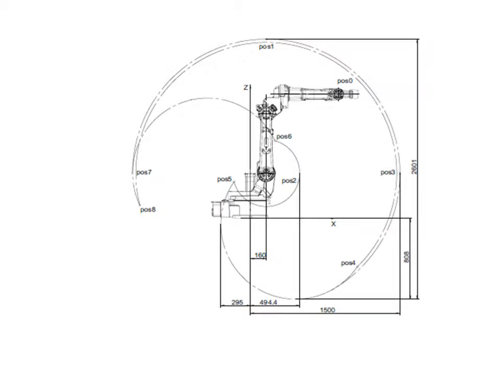Let us consider position 1, position 2, position 3 and position 4, and you can draw it like this. You can find the maximum reach vertically up, the horizontal reach and the radial distances. When you consider all these maximum distances, you can find the work envelope. So this is a work envelope.